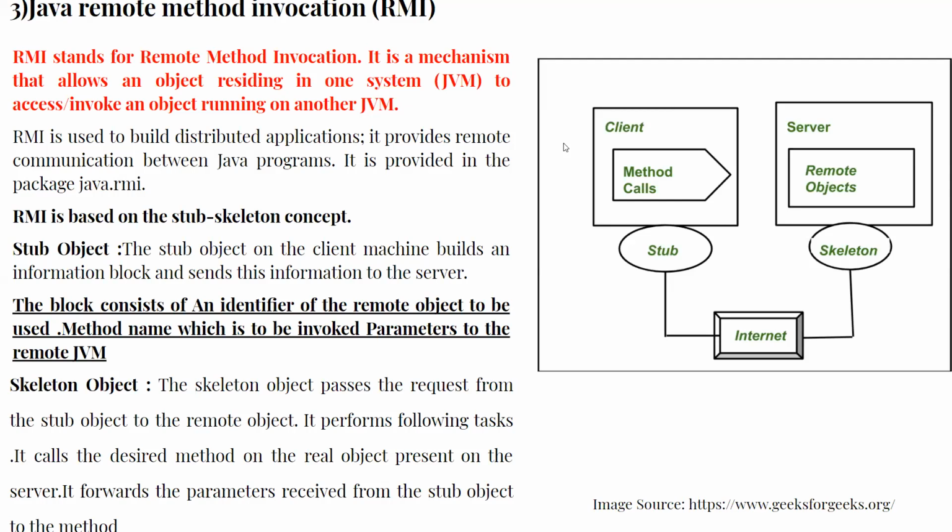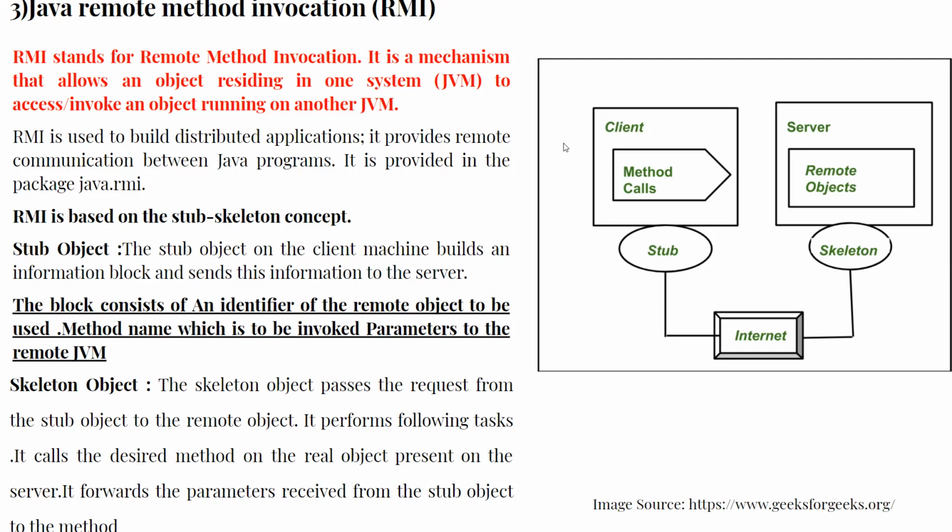The information is usually sent as blocks, so that the server can identify which block of information is being asked for. So a unique ID is assigned to every block sent from the client to the server. Along with that, there are method names which are invoked as parameters when accessed by objects in other JVMs. So this is your stub object.